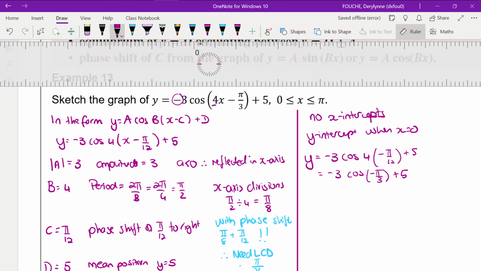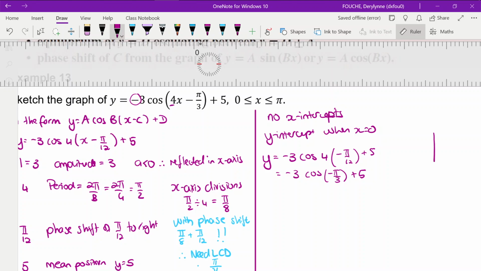For cos of negative pi on 3, remember, we have CAST: negative pi on 3 is in quadrant 4, cos is positive in quadrant 4, and cos of pi on 3, let's draw a triangle, is going to be a half.